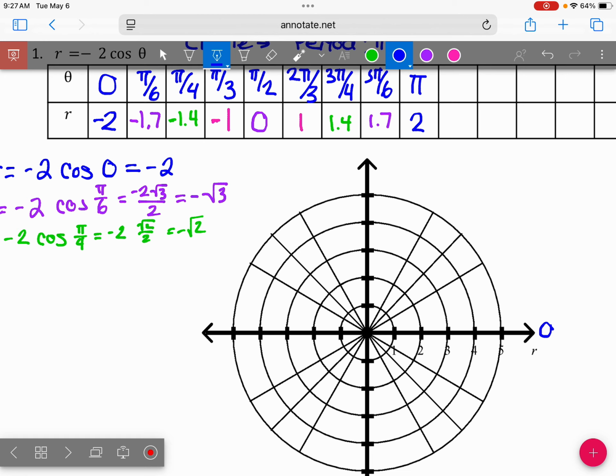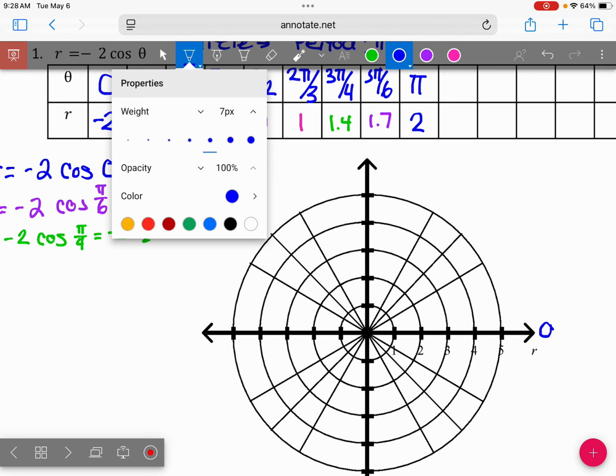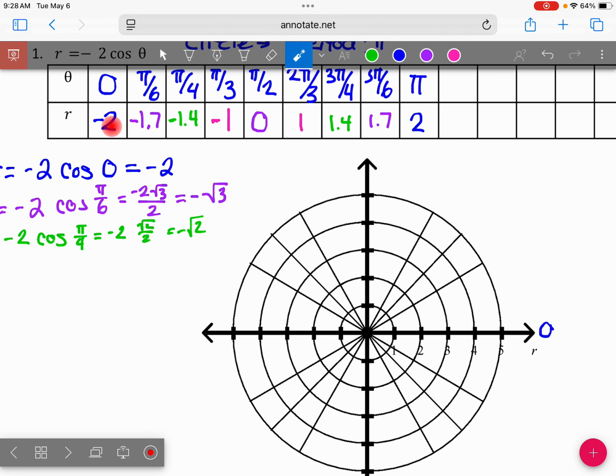But yes. So when we plot these up, we need to plot our points, and we have our r and our theta. So just like yesterday, we know our radius and our angle. So on angle 0, we have a radius -2. So angle 0, we're going to go not 1, 2 this way, but 1, 2 this way.